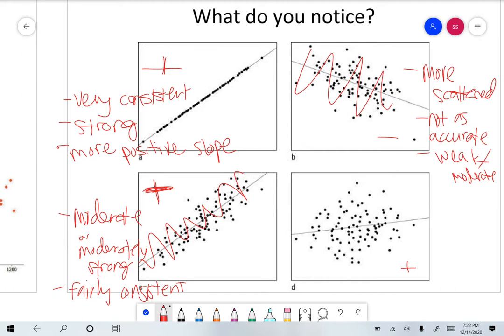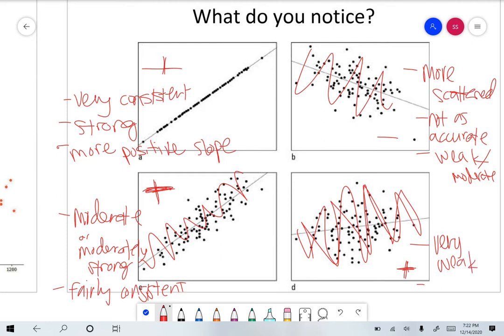Okay, and then let's look at the bottom right. This one's more of a red alert, right? It is a positive, meaning as x increases, y tends to increase, but it is very, very scattered, meaning it is very weak. It's a very weak relationship, meaning it wouldn't really help us that much.